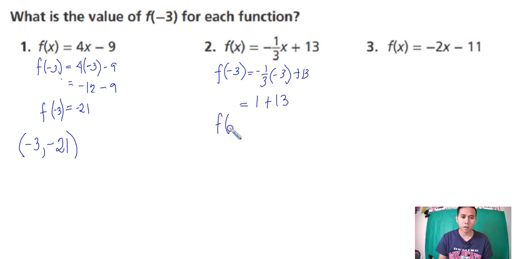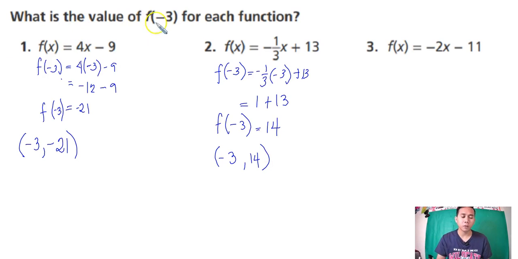So f(-3) is equal to 14, because negative 1/3 times negative 3 is 1, and then we add that to 13. If I interpret that, the value of y when x is negative 3 is 14. Easy.